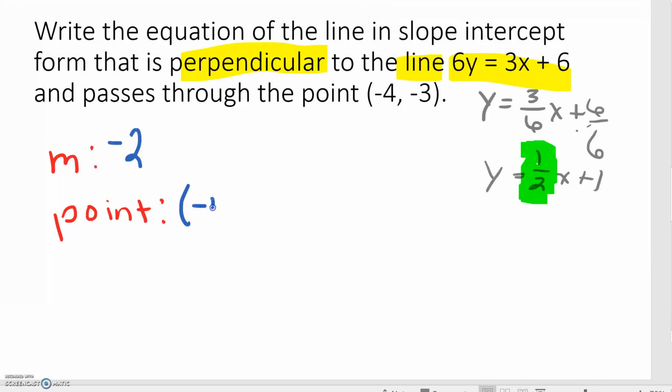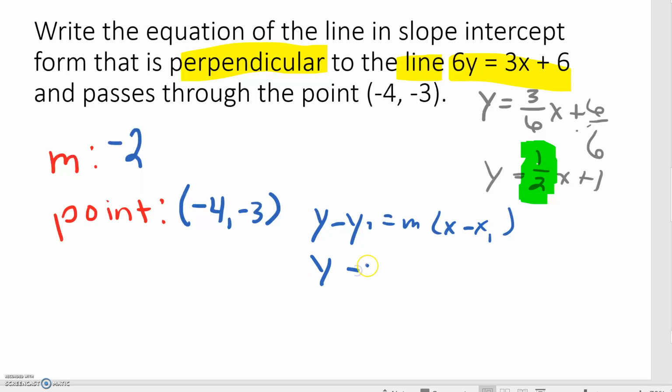The point we're given is -4, -3. Now, just as before, we plug it into our equation. y minus y1 is equal to m times x minus x1. So y minus -3 is equal to -2 times x minus -4.